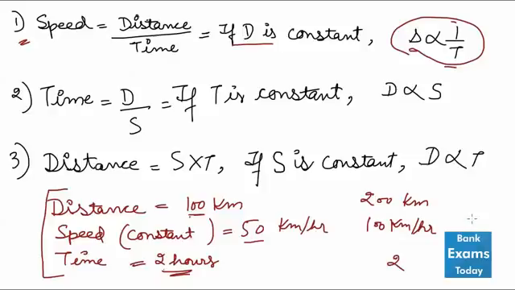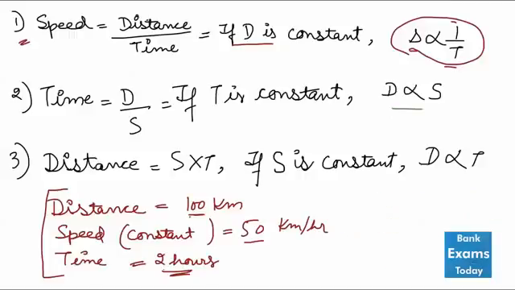In case the speed decreases to 25 kilometers per hour, in 2 hours the person can cover 50 kilometers. So as the speed increases, the distance covered also increases, and as the speed decreases, the distance covered also decreases. So these are directly proportionate.